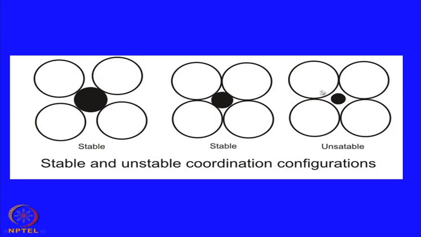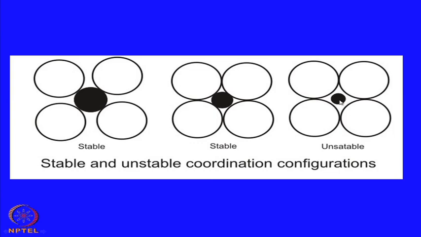Now, if you have that, then you have some open space here. This is your interstitial site. This interstitial site has a 4-fold coordination, as there are 4 atoms surrounding that particular site. Then you can introduce one cation here.